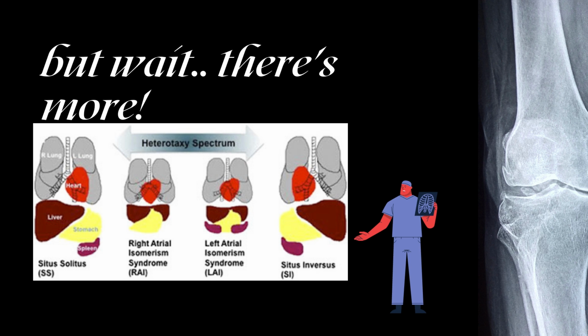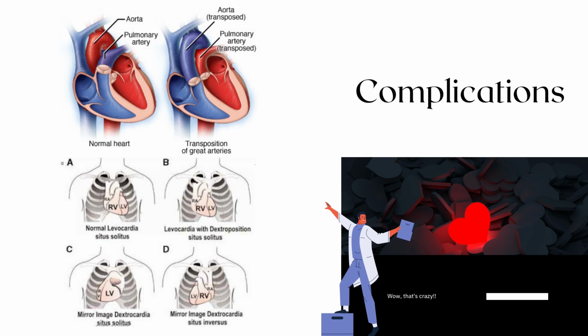In this case, there is no spleen in right isomerism, as opposed to several spleens in left isomerism. Sometimes these can present with complications in the intestines due to malrotation. Studies show that right isomerism may present with more heart defects than left isomerism, such as the transposition of great arteries and levocardia.